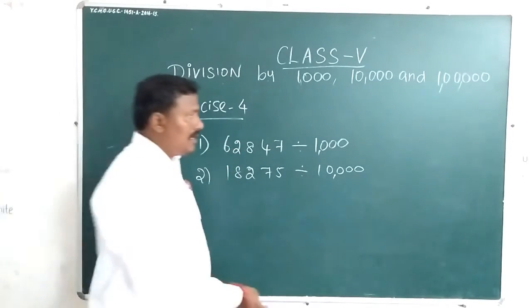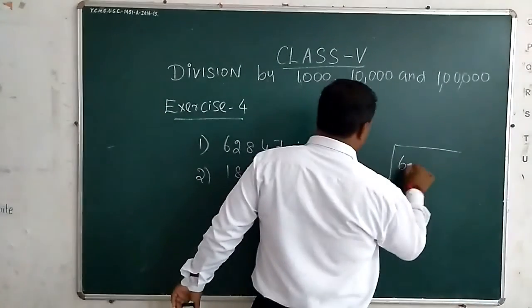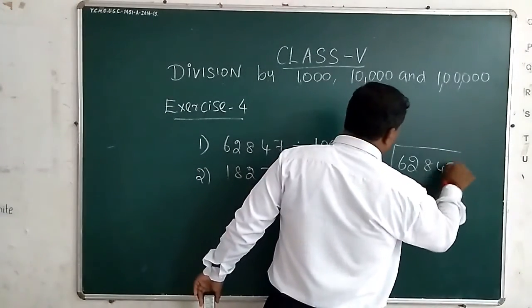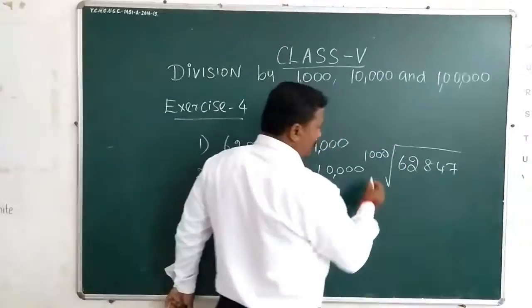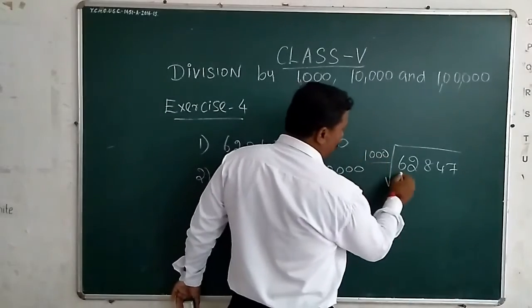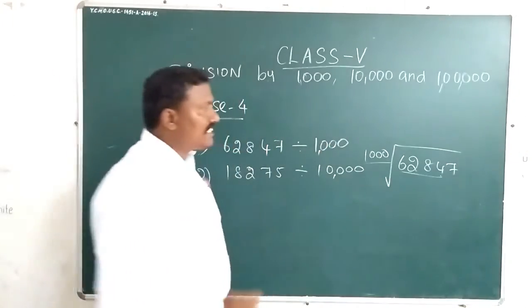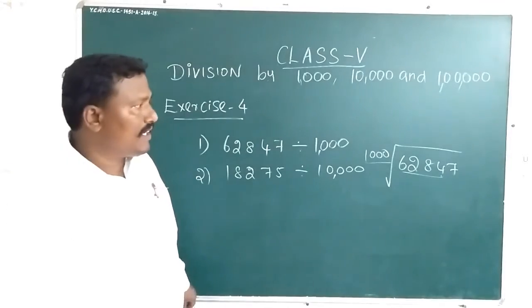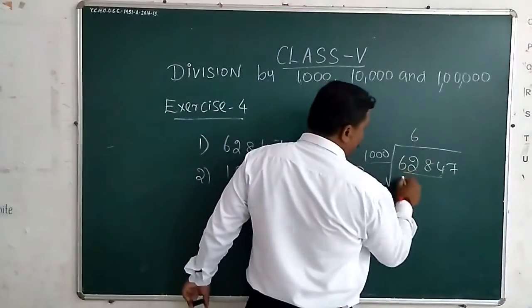So let me explain. Our number is 62847. I am going to divide by 1000. So how many digits are there? 4 digits. If you take 6284, how many thousands are there? 6,000.